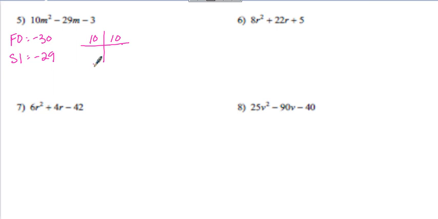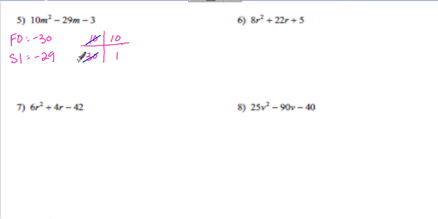Now, what multiplies to negative 30 and adds to negative 29? Well, it's probably some version of 30 and 1, right? And I need it to be a negative 29, so the negative 30 gets the negative sign, and the 1 gets the positive sign.